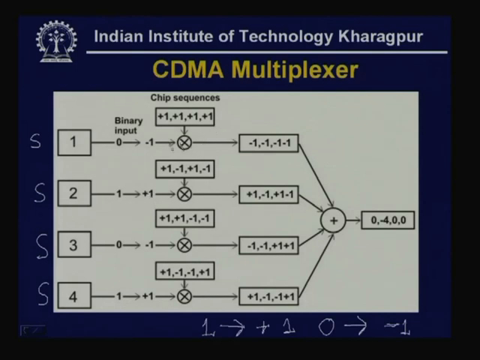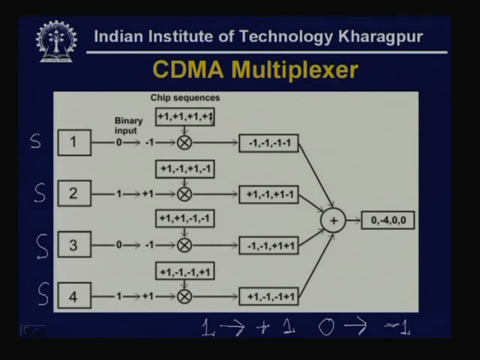Now, each of these stations has a unique chip sequence. So, the chip sequence for channel 1 is +1, +1, +1, +1, essentially 1 1 1 1. On the other hand, for station 2 it is +1, -1, +1, -1.